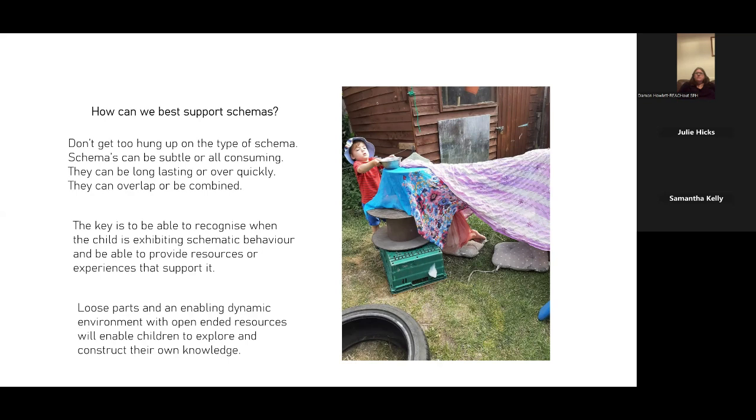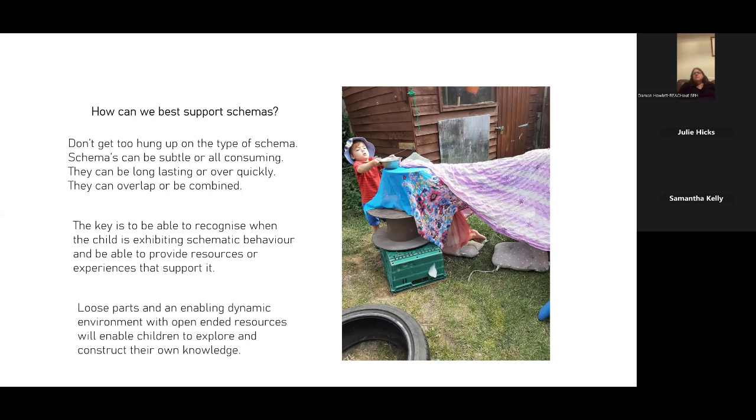So I chose this picture on purpose because there's several different schema things going on in this picture. There's transporting because the children had to move all of these things to build this den. There's transforming because the children had mixed up in that bowl on the top some sand, some leaves and some water.